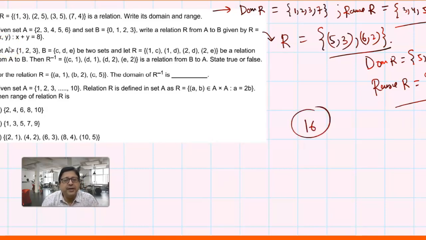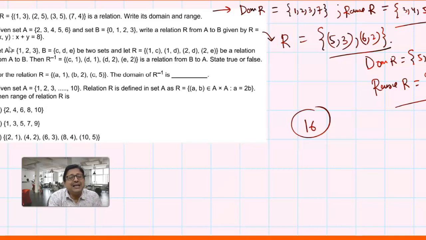Next one, number 16. A is given, B is also given, two sets, and R is a relation from A to B. Then R inverse is this. Inverse means if the actual relation goes from A to B, the inverse should be from B to A, nothing else. So in R inverse, the first element must be taken from which set? From the set B. That's why you see C, D, D, E. It is taken from there.